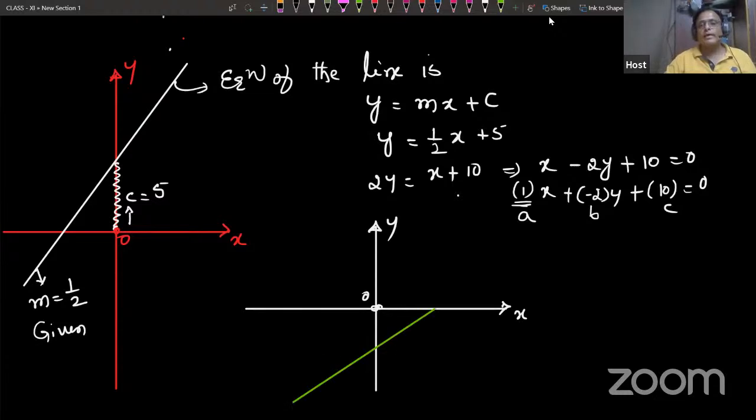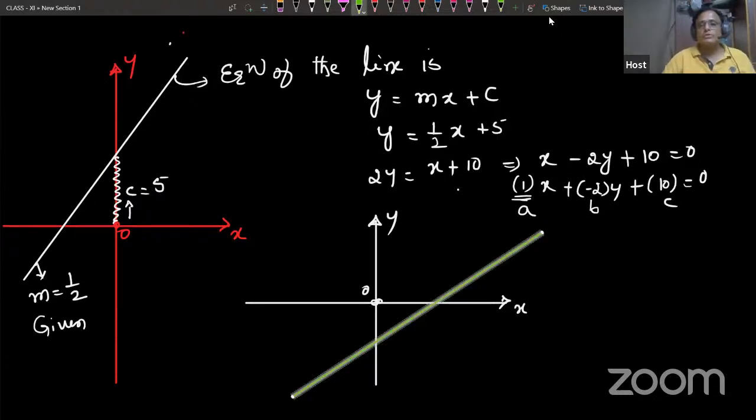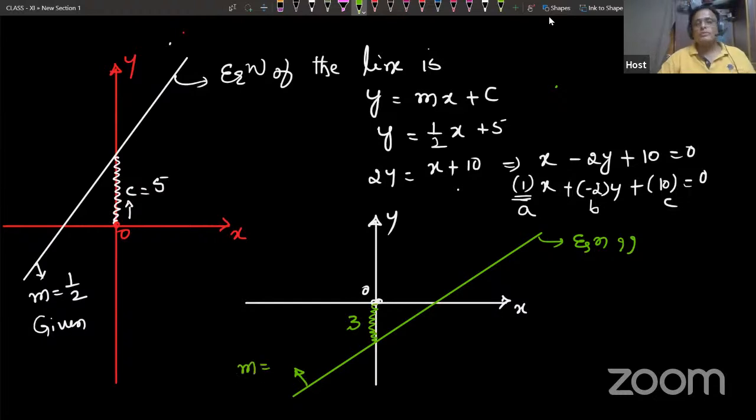Ultimately, we have to find out its equation. Its y-intercept is up. Suppose this is the y-intercept, 3 units I've given. And the slope also I'll give. Slope is equal to -2. Then what is the equation of this line?